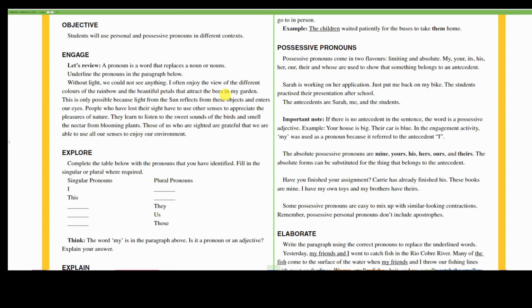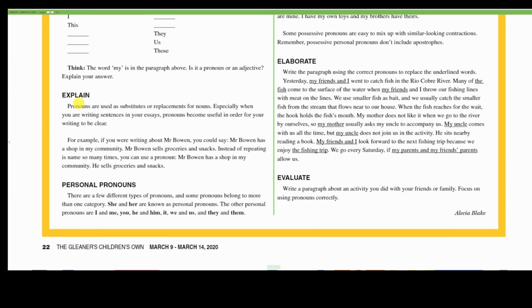So let's go back to the passage to find where we have my. So here's the word my. It says I often enjoy the view of different colors of the rainbow and the beautiful petals that attract the bees in my garden.